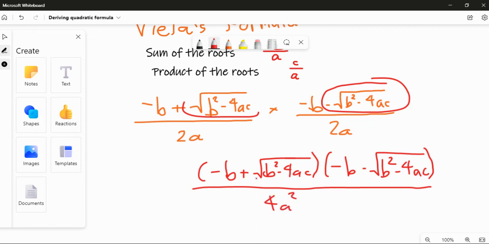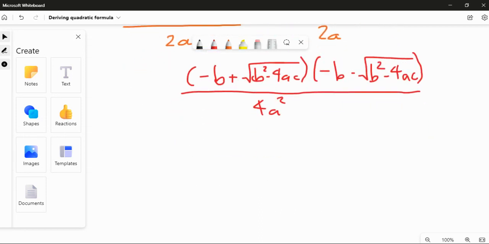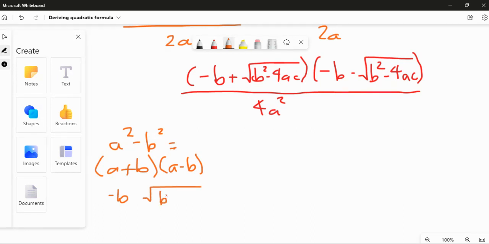Okay, so this essentially can be a difference of squares, where I'll show you. A difference of squares can be factored as a plus b times a minus b, for those who don't know how to do that. So our a value is negative b, just the first value, and then b squared minus 4ac is our b value.